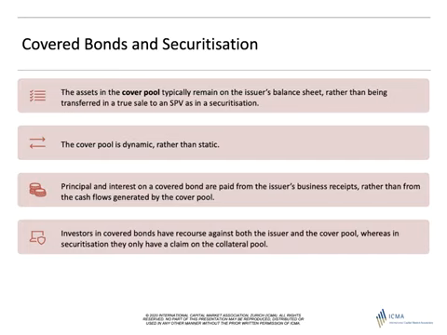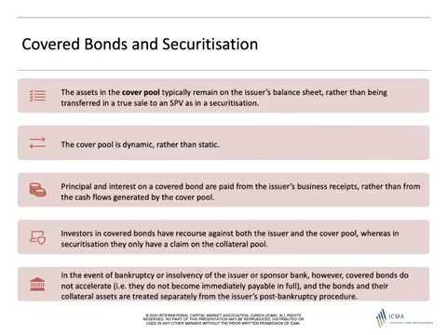This is almost certainly the key difference between covered bonds and securitization. Finally, in the event of bankruptcy or insolvency of the issuer or sponsor bank, covered bonds do not accelerate. That is, they do not become immediately payable in full. And the bonds and their collateral assets are treated separately from the issuer's post-bankruptcy procedure.